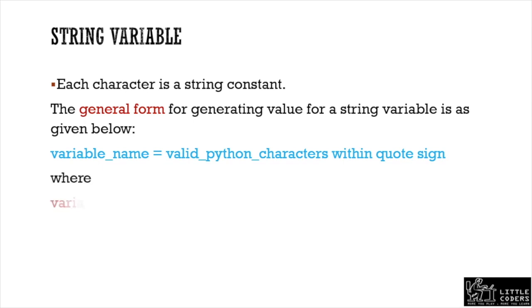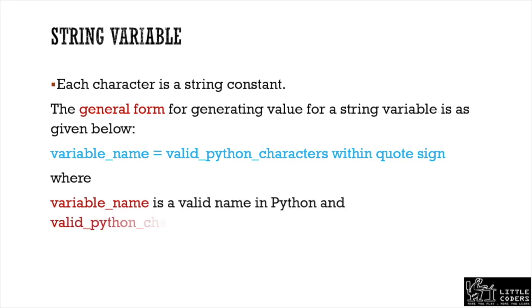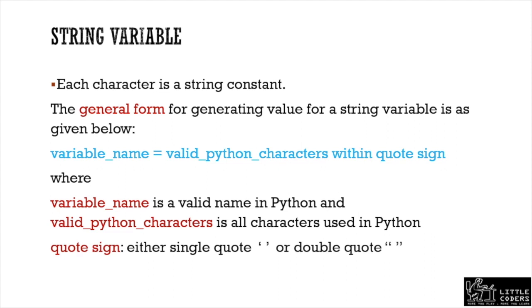So if you represent it within quote signs, that value will be assigned as the value of the variable name. So here you have a string value as the value of a variable name. In that case, it cannot be used for calculation purposes. Now the rule is, variable name is a valid name in Python, and valid Python characters are all characters used in Python. The quote sign can be a single quote or double quote, both are valid.